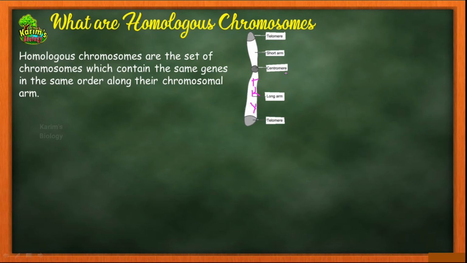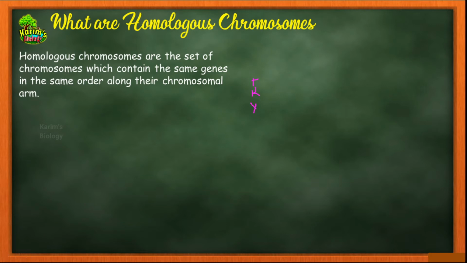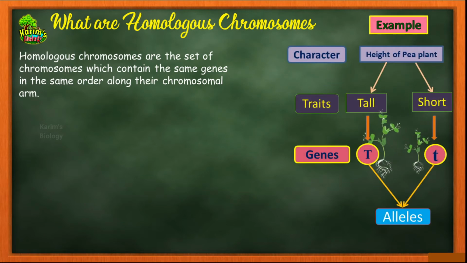I hope that you understand what we have seen in the previous session. We have seen that alleles are two alternating forms of the same gene. Do you remember this? Let us consider this example once again. We are considering the character height of the pea plant. In pea plants there will be two traits present when you consider the height of a plant: the pea plant may be tall or the pea plant may be short.